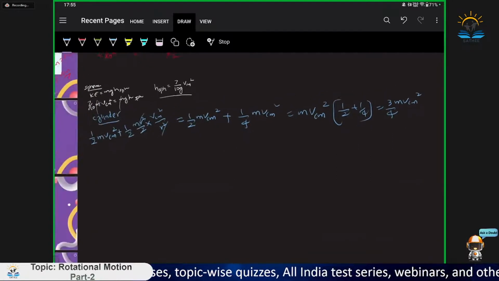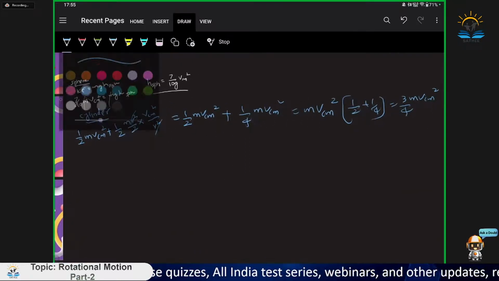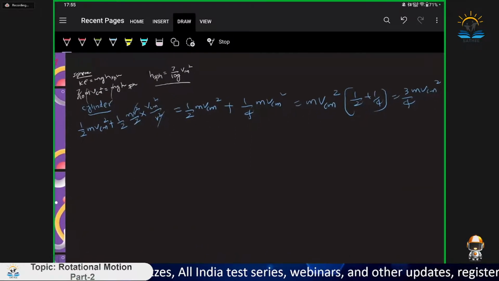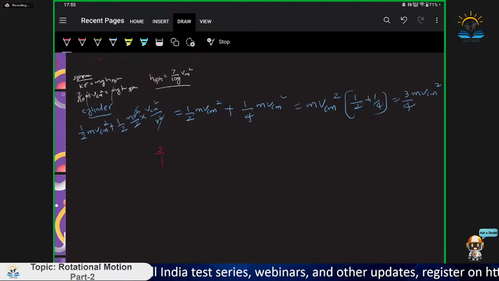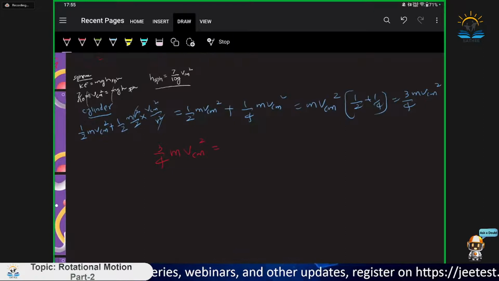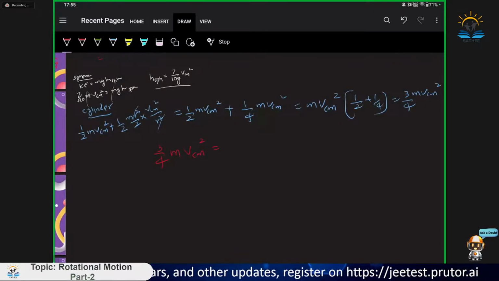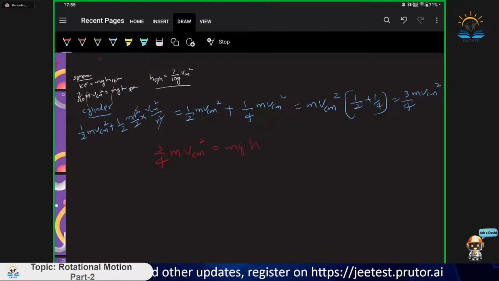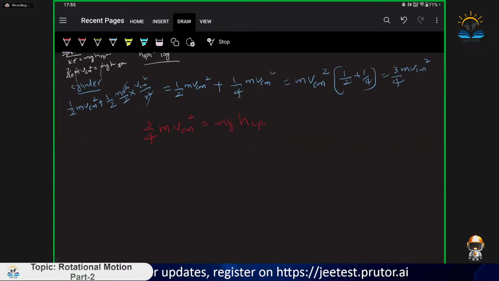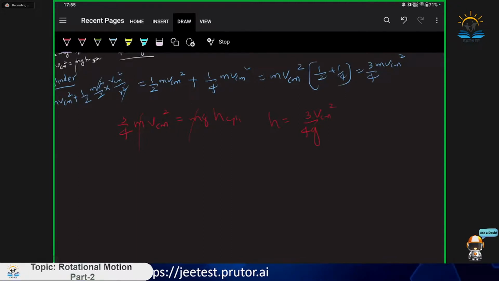So for solid cylinder, we can write 3 by 4 m into VCM square equal to mgh, m into g into h cylinder. So m we can cancel. H cylinder is 3 by 4 g VCM square.